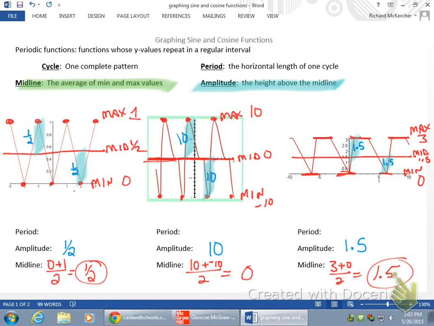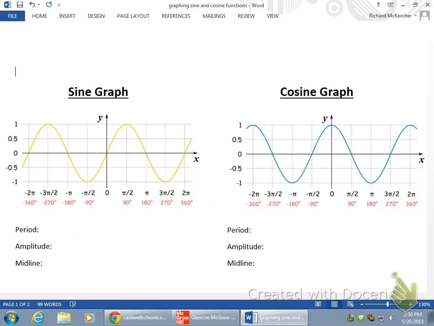Now, that all leads us into our discussion about what our sine and cosine graphs look like. So here's a quick look at our sine graph and our cosine graph. We can do period, amplitude, and midline for all of these. Now in Math 2, we only need to know the degrees. We don't need to know the radians. But you can hopefully see where the period is.